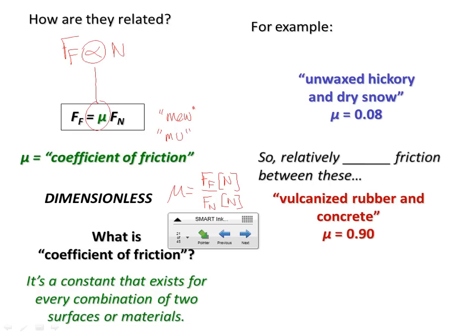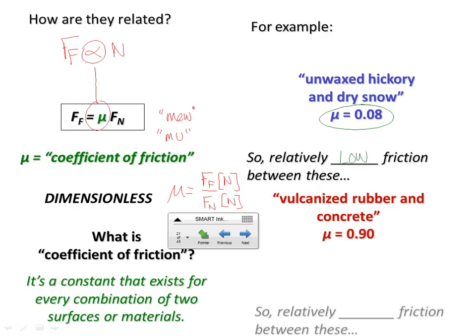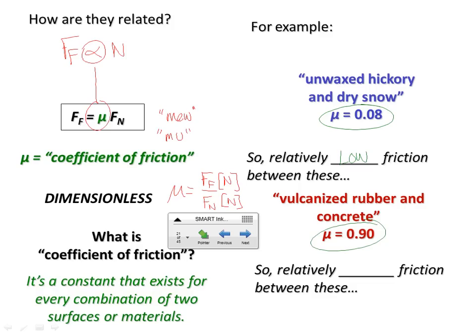So what you can see is with a small coefficient of friction here, right, that's going to make forces of friction typically pretty small. And with big coefficients of friction here, relatively, this is going to make a pretty high amount of friction. All right, big deal.